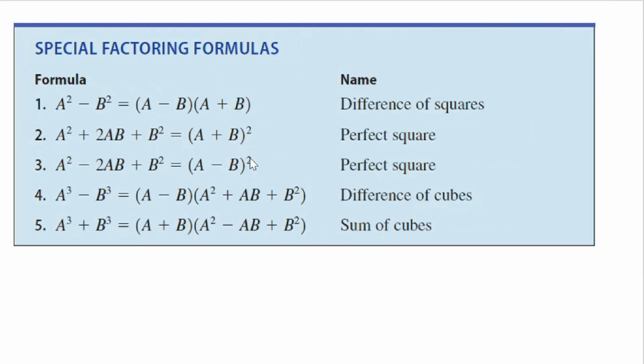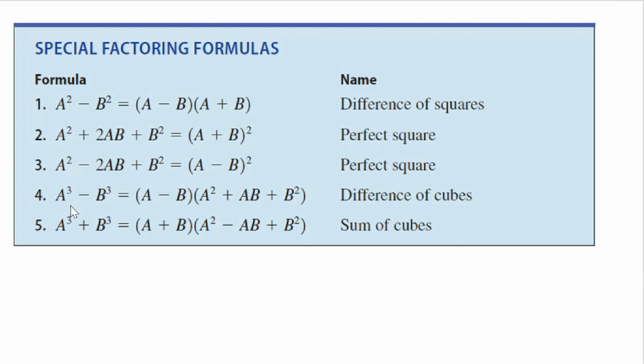You can call this perfect square, but I usually call this one the square of binomial. And number three, we have a squared minus 2ab plus b squared, whose factor for this is the square of a minus b.